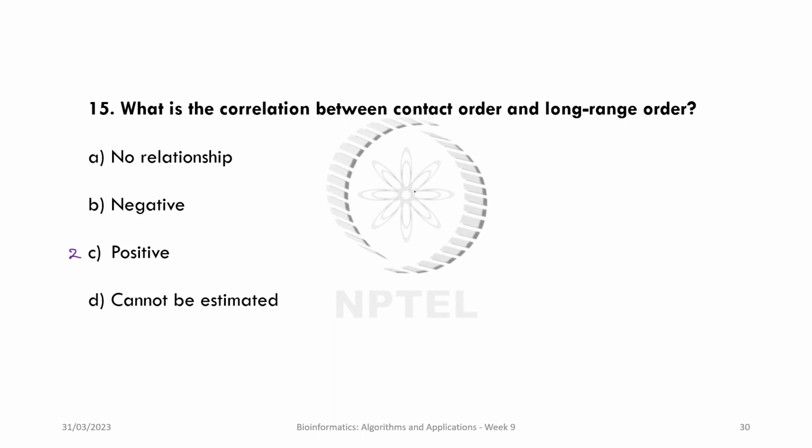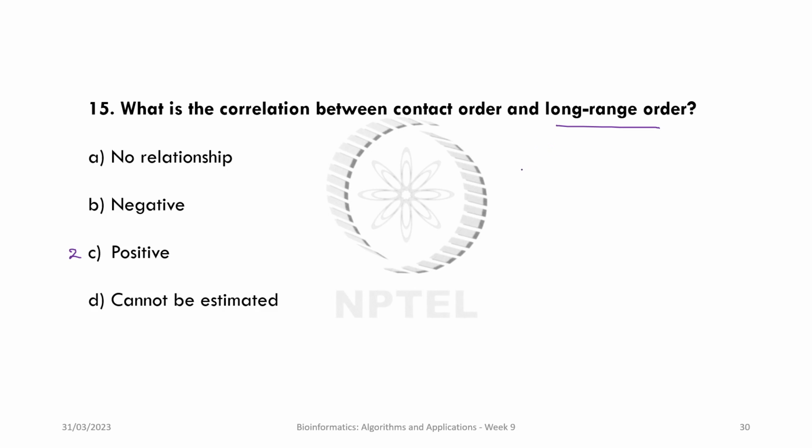Because contact order and long range order is just an extra parameter where you have a cutoff of, say, the contacting residues should be, say, 12 residues apart, correct? So therefore there will be a positive correlation between contact order and long range order.